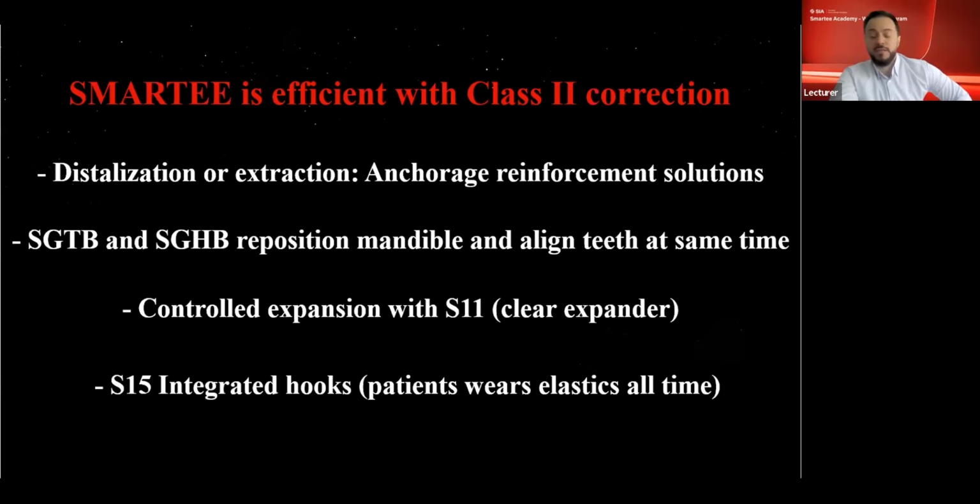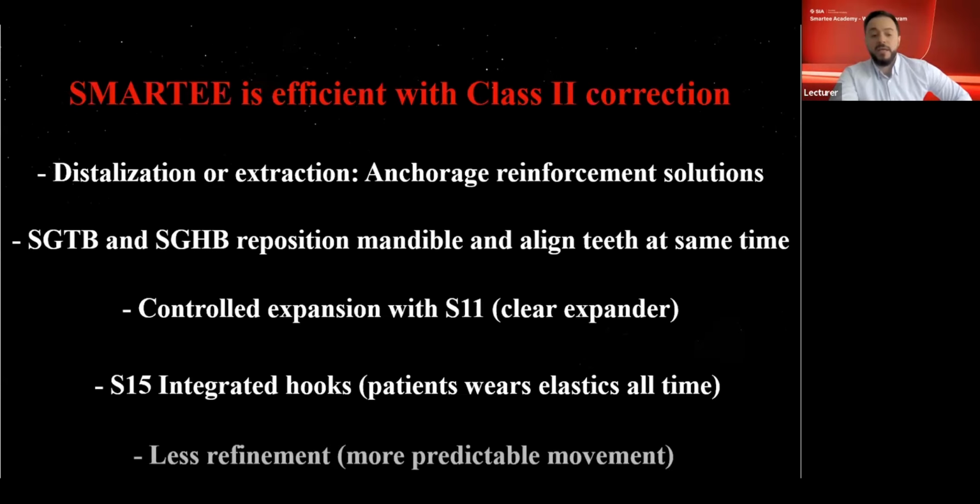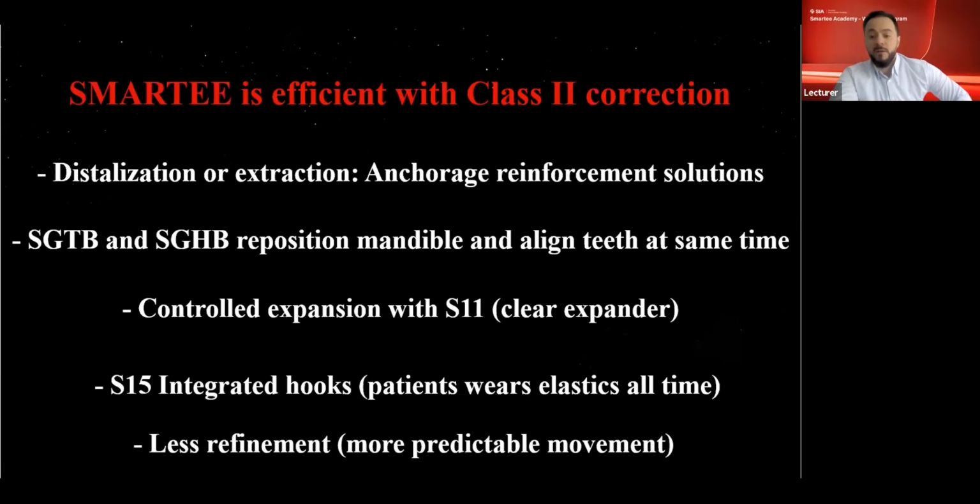So for all those reasons, we can have fewer refinements and more predictable movement. By utilizing all of these solutions, we can ensure more precise tooth movement. We can resist any unwanted side effects, and this will contribute to the overall treatment outcome in correction of class 2.